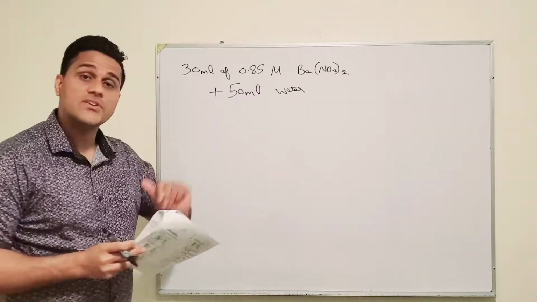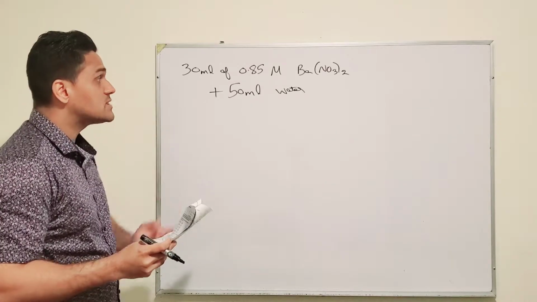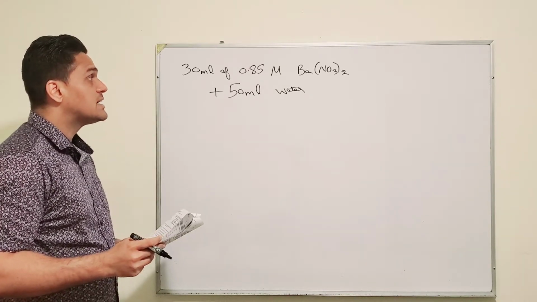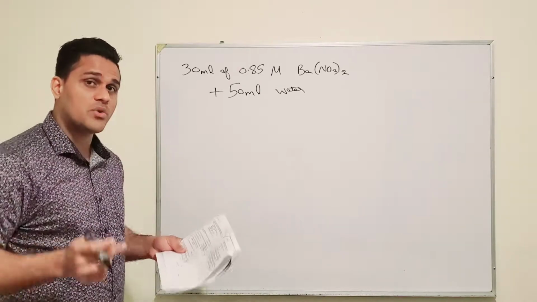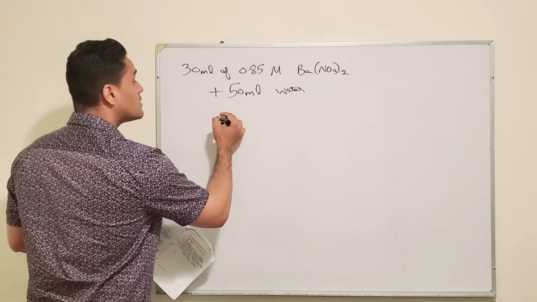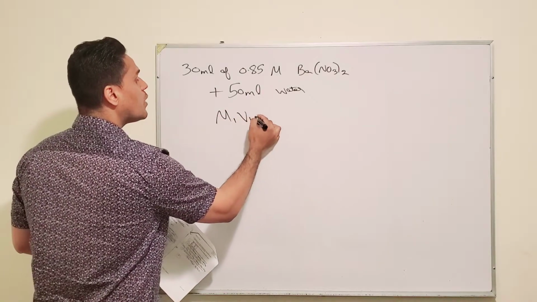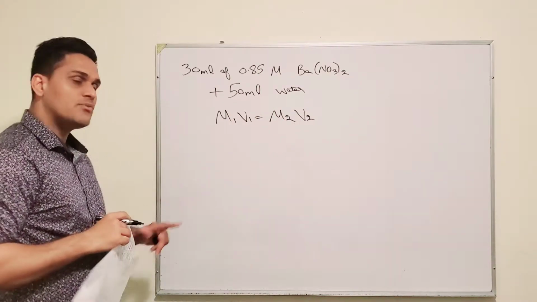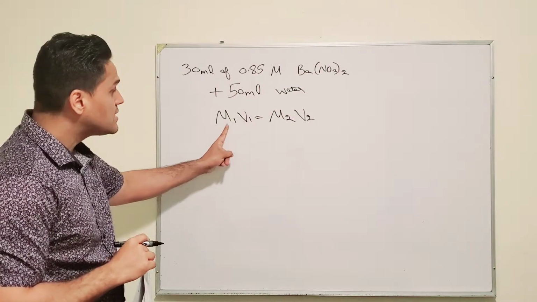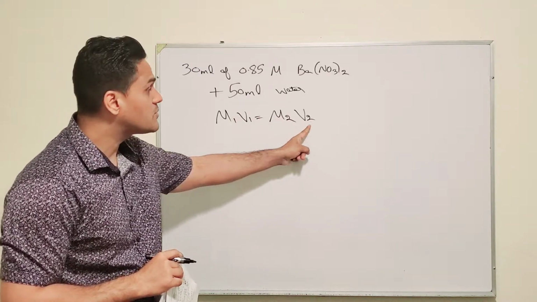The concentration is going to change. Okay, it's going to get more diluted. And anytime we're trying to find the new concentration due to addition of water, we use our chemistry 11 formula, folks. M1V1 is equal to M2V2, where this is initial concentration times initial volume is equal to your final concentration times final volume.